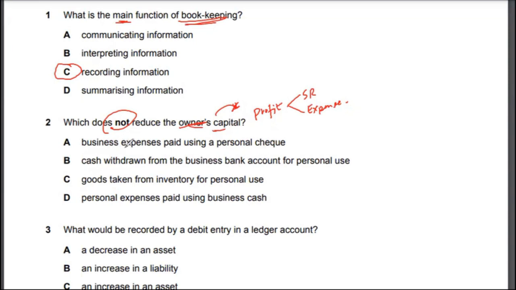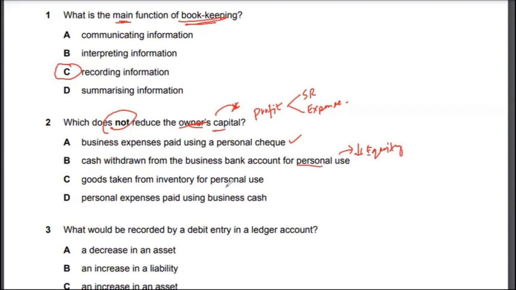Option A says business expenses paid using a personal check. This actually sounds very true, but let's look at options B, C and D. We have to be very careful when doing these multiple choice questions rather than selecting option A right away. Option B says cash withdrawn from business bank account for personal use. That is going to reduce owner's equity, or owner's capital.